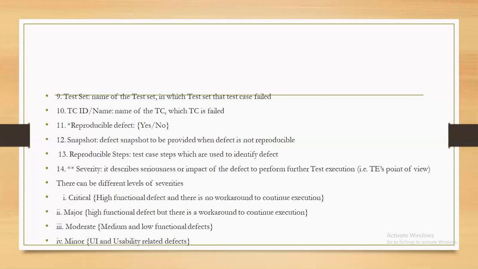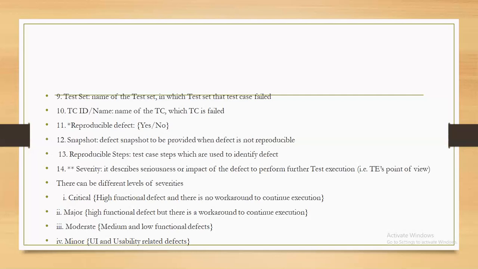Here generally we have different kinds of severity levels: critical, major, moderate, minor. Critical defects are high functional defects, and there is no workaround to continue execution. That means without solving such a defect, it is not possible to continue the test execution. Major is a high functional defect, but there is a workaround.